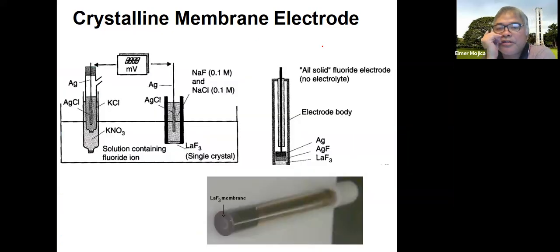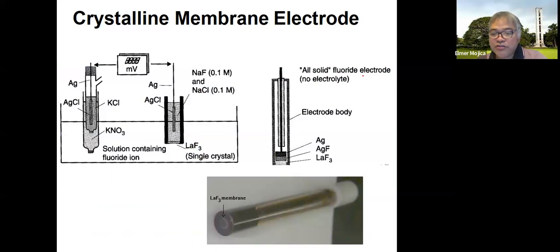So a typical crystalline membrane electrode looks like this. There's a single crystal, the lanthanum fluoride.